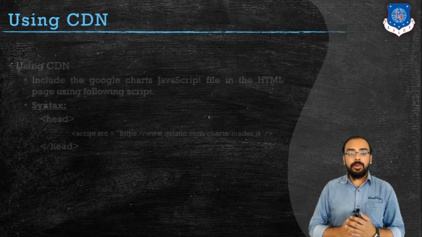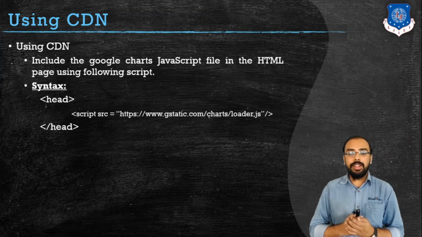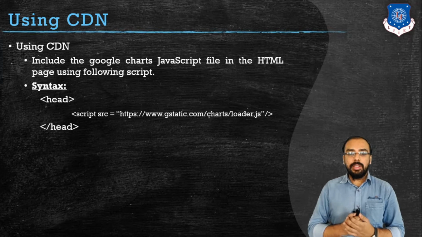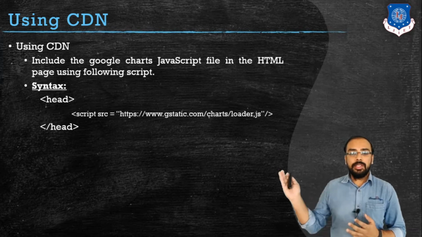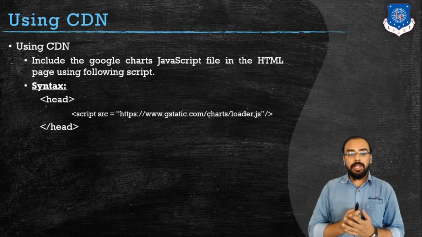The second approach available is using CDN. CDN stands for Content Delivery Network. Whenever we want to use CDN, similarly we have to use a JavaScript file and include that particular JavaScript file inside our HTML page. So what is the syntax for CDN? Here you can see the syntax. First we need to have an HTML tag.